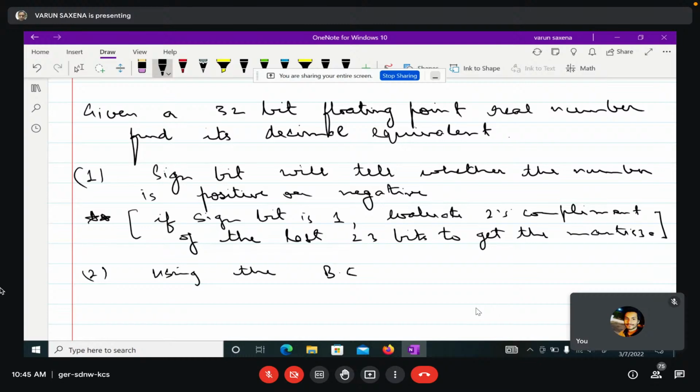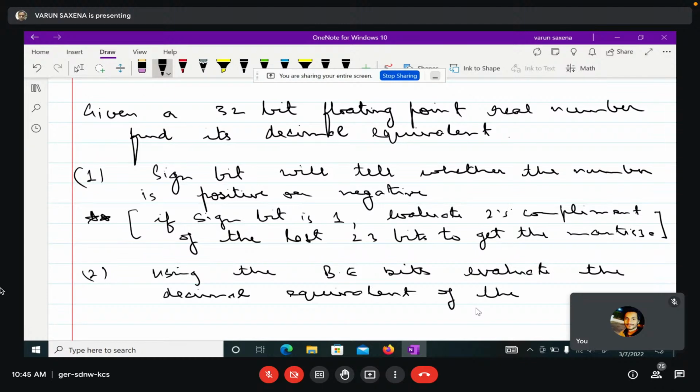Second, for the biased exponent bits, evaluate the decimal equivalent of the exponent.